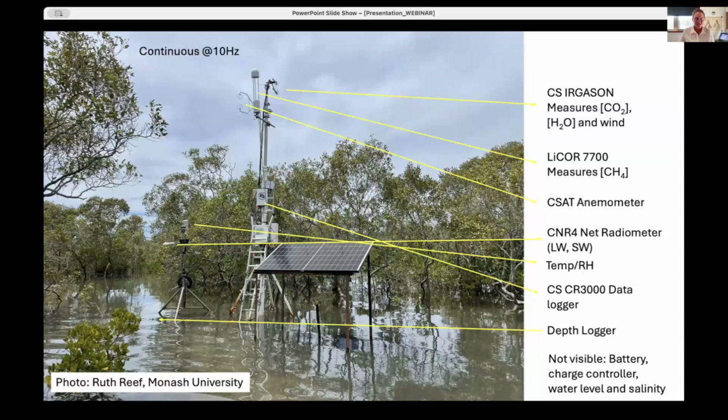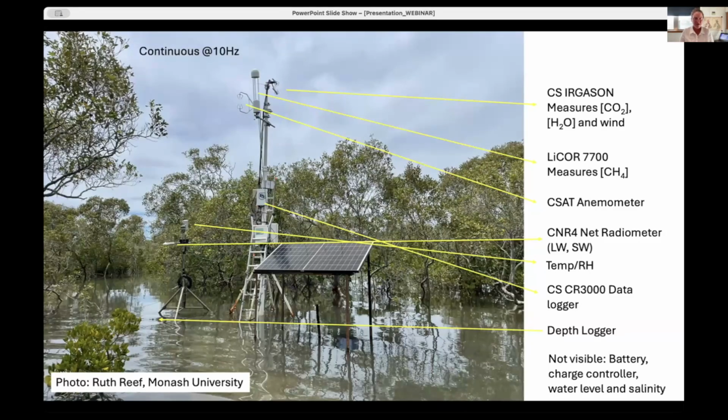The tripod next door has things that enable us to measure the net radiation balance. So how much incoming shortwave, outgoing shortwave, and longwave radiation is coming through this system. In addition, there's temperature, humidity, all the things we need to know what the flux of water, CO2, and methane is between this land surface or water surface and the atmosphere.